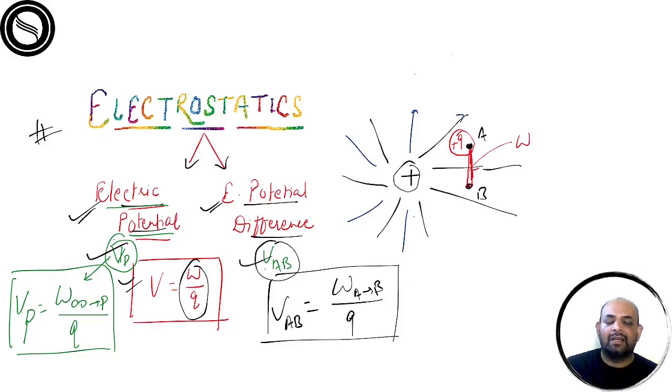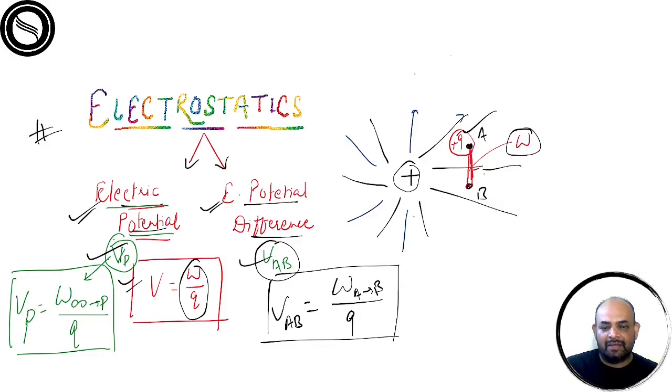Second difference, potential difference is always about 2 points, and these 2 points are inside the electric field, where there are charges. So even if you take a unit charge, it will feel a force. If you do some work against that force, the work will be stored in that charge, so its potential energy will increase. That's why we have given the name potential. So this is the difference.